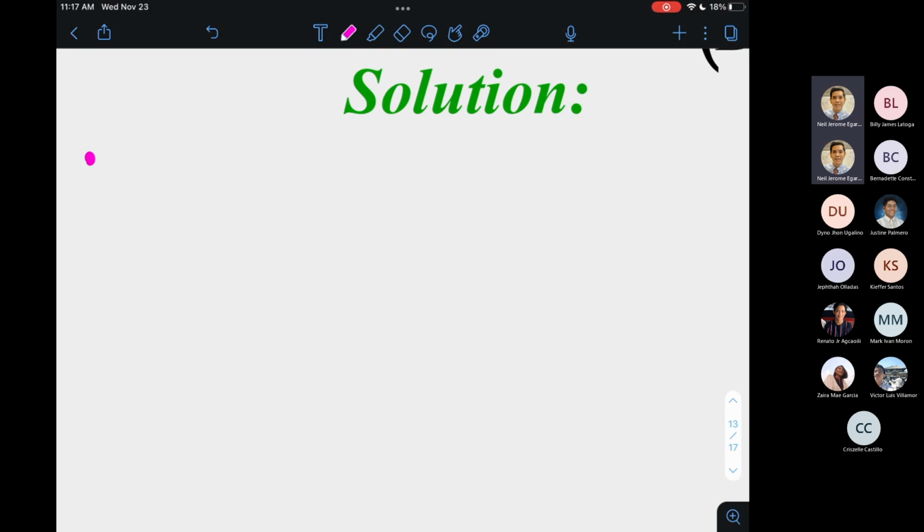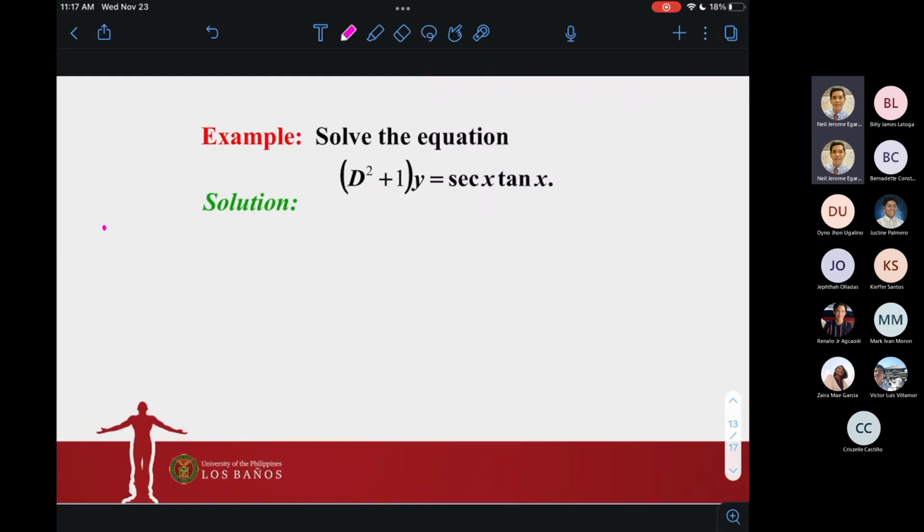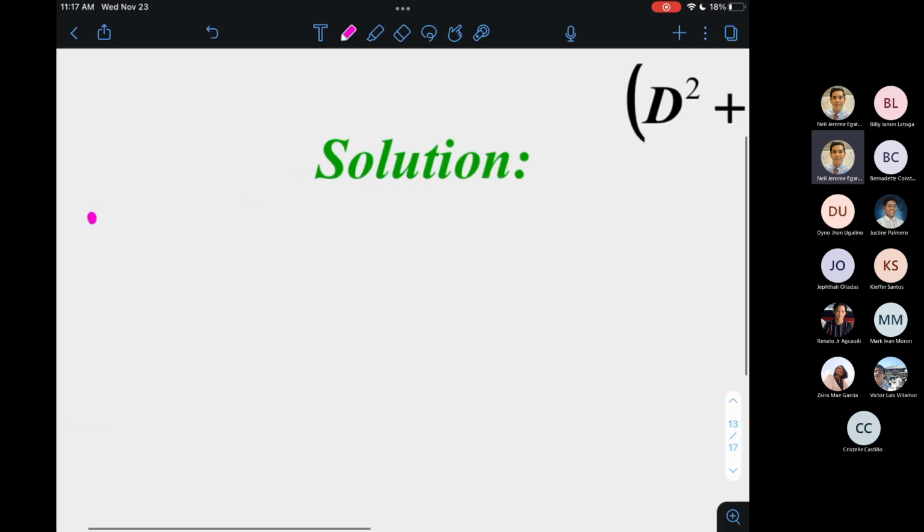Okay? Now, isulat ko yung buong solution. So, let's call this star. Okay.